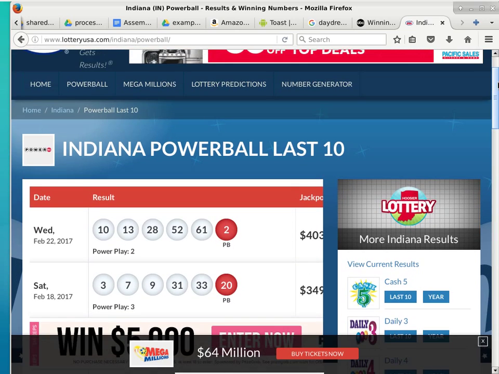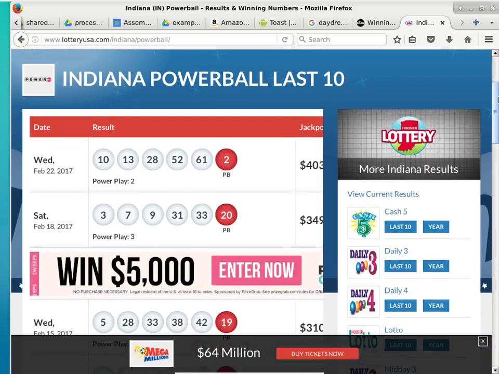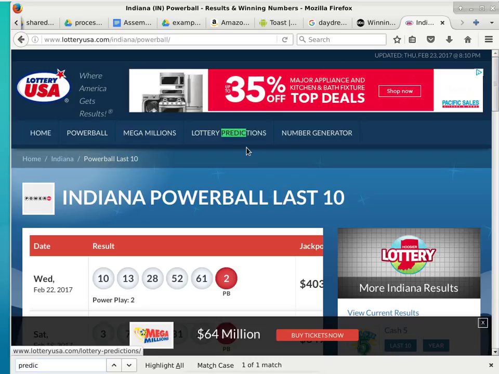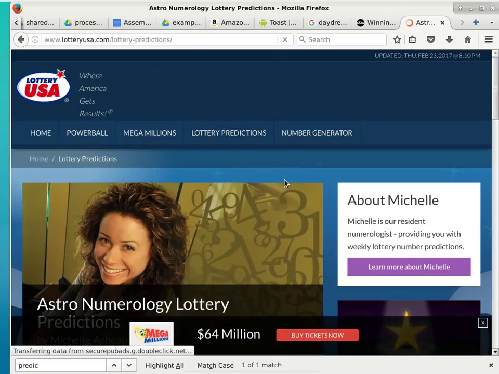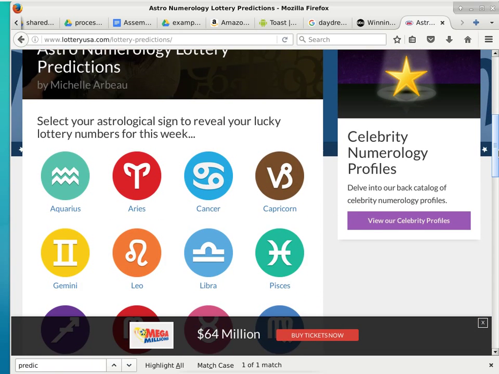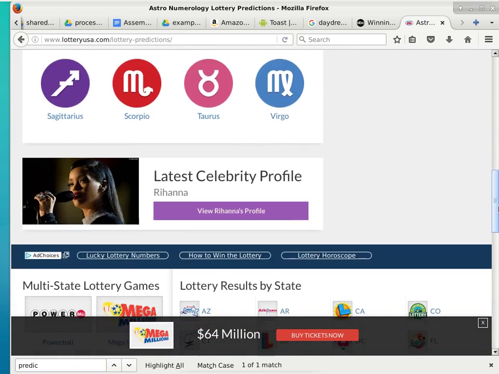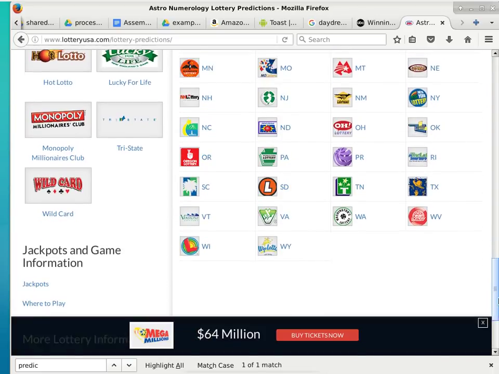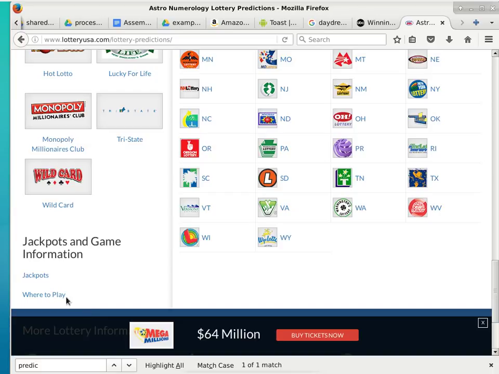They have to disclose the rules somewhere. Lottery predictions. I need to install ad block. Oh, where to play? I need to know how to play, not where to play.